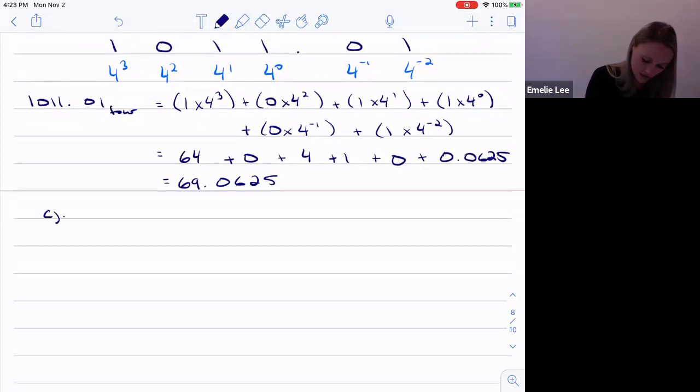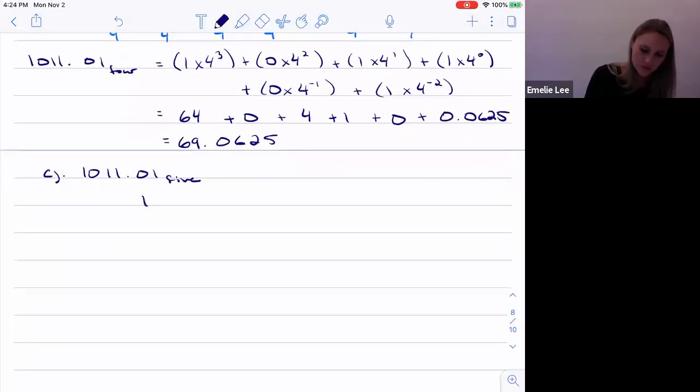The last one we'll do is base 5 to base 10, 1011.01 base 5. Same idea.